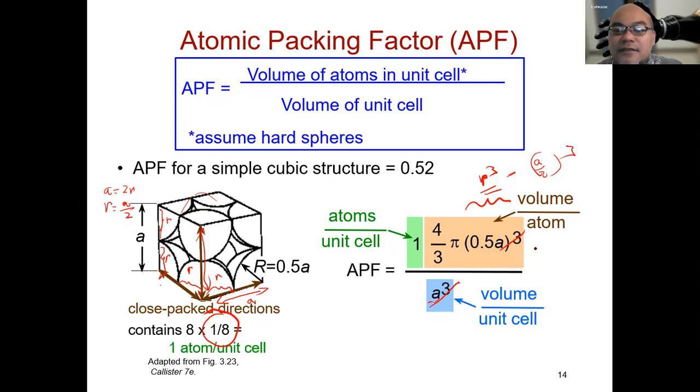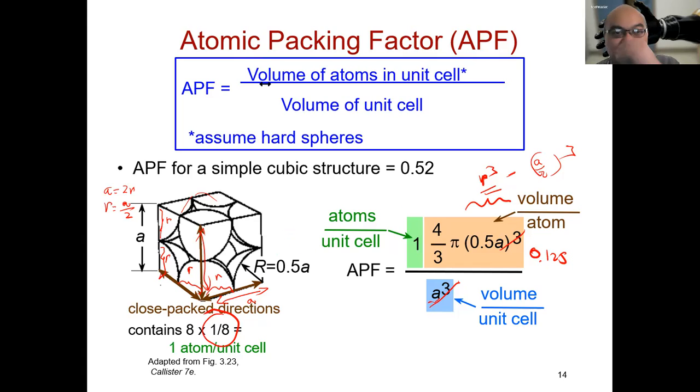So this is 0.125 times pi times 4 divided by 3. 0.125 times pi equals 0.392, times 4 equals 1.57, divided by 3.